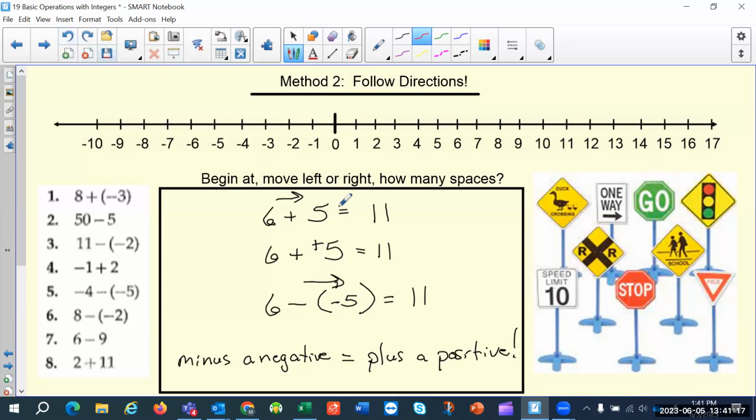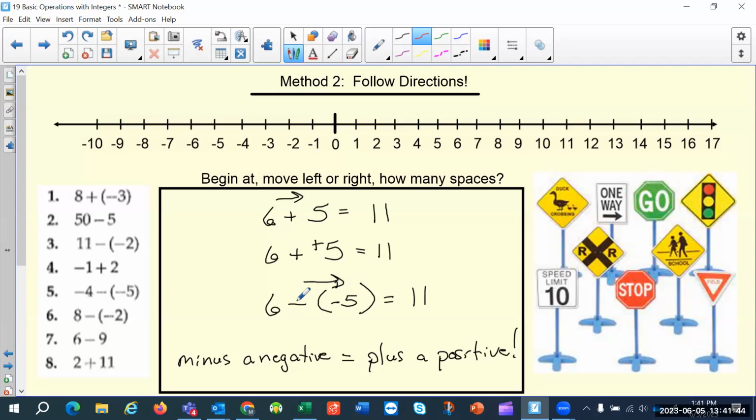Well, that's true. The problem with that is it doesn't explain why it happens. So here's my best attempt to tell you why this happens. If you had 6 minus 5, you would go to the left. The negative sign can also be read as the opposite of. So you have here a 6, and you have the opposite of negative 5.